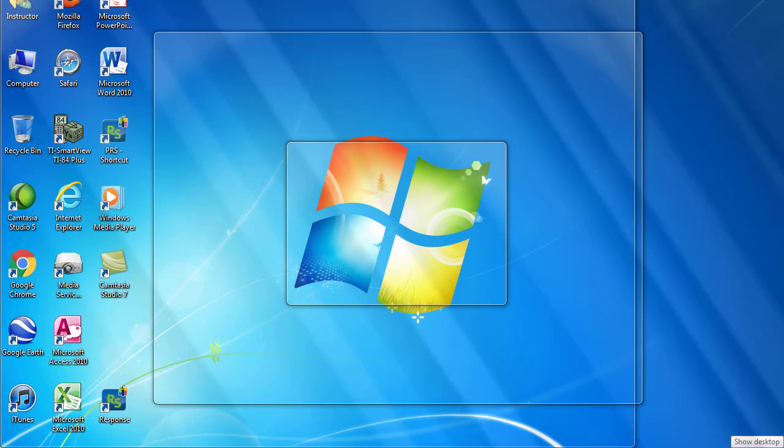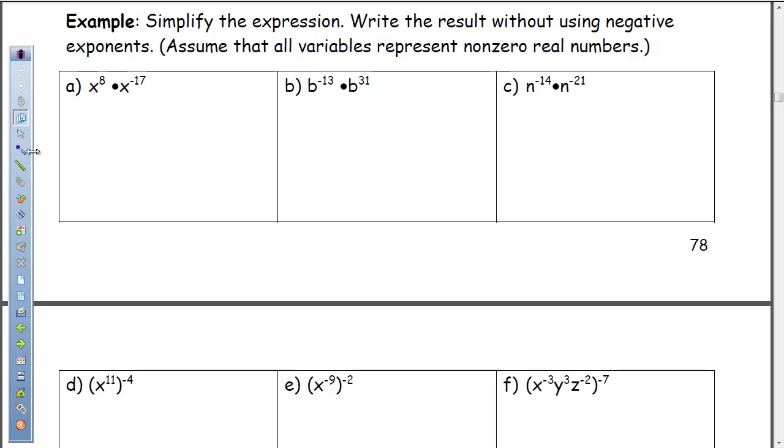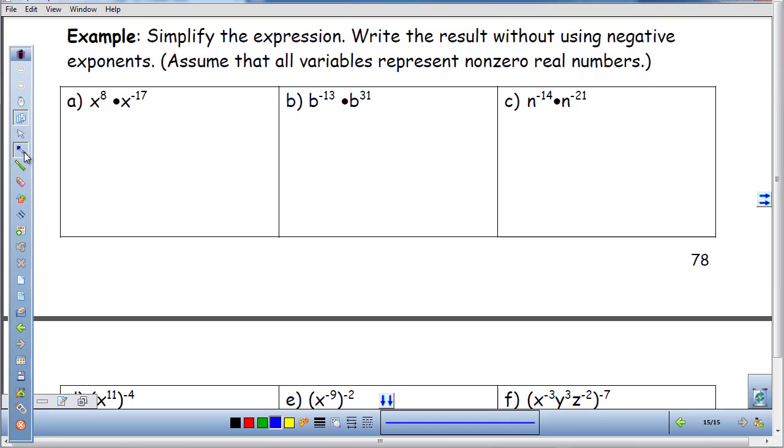Okay, it says simplify the expression. Write the result without using negative exponents. Assume that all variables represent non-zero real numbers. We'll apply the rule first, ignoring any negative exponent, and then if we have negative exponents in our result, then we'll make the adjustment. Okay.